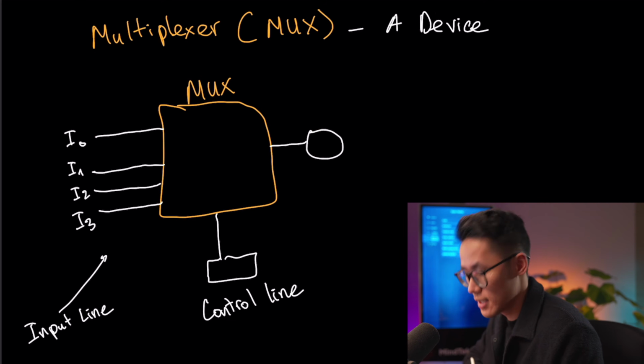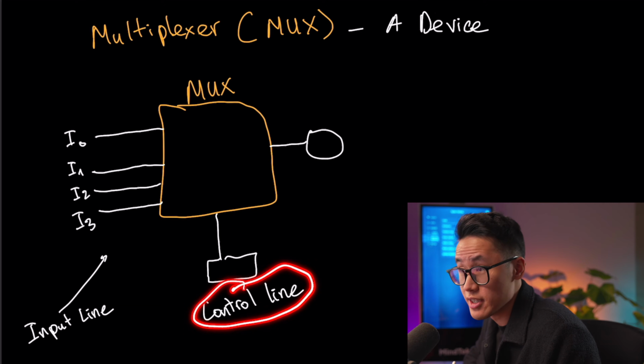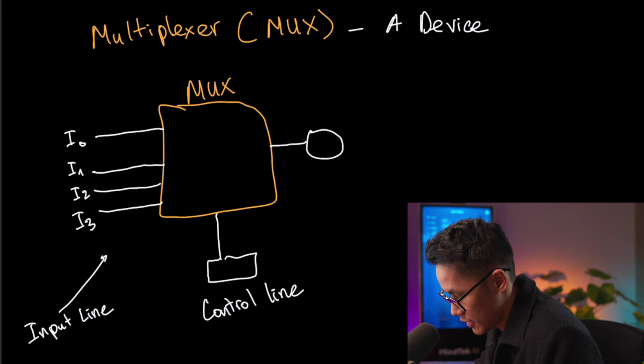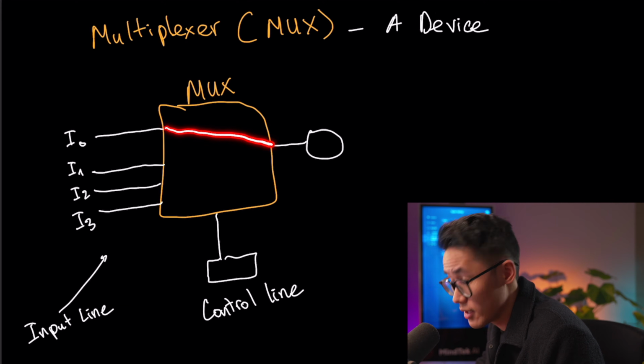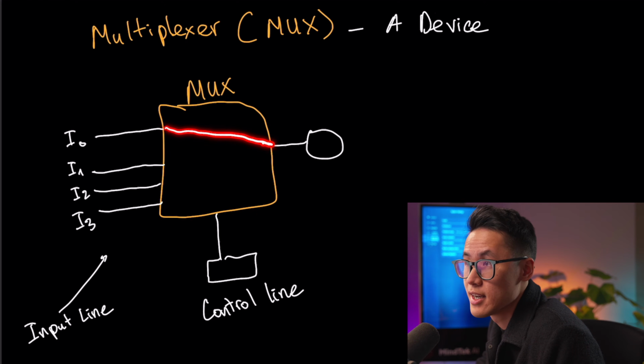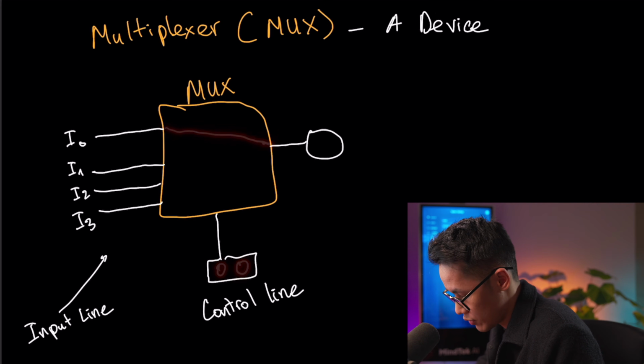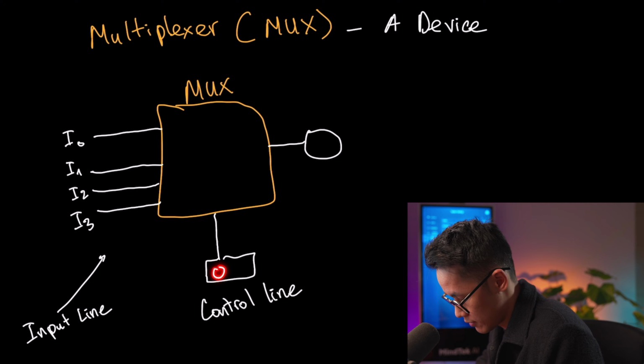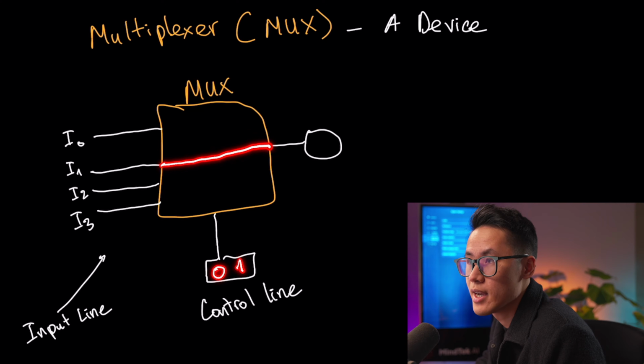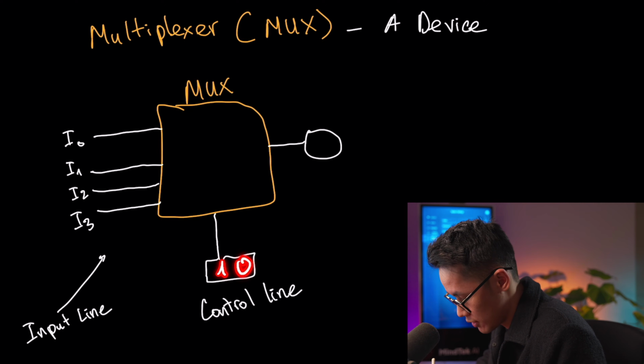Another way to think of it is that by changing the control line, you can imagine there's some wire inside of the device that connects to it. So this is when you set it to 0, 0. Now if you set it to 0, 1, then there will be a line coming from I1 to the output. Now let's say you change it to 1, 0.